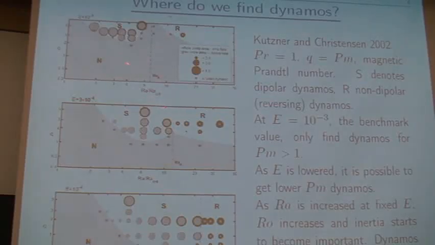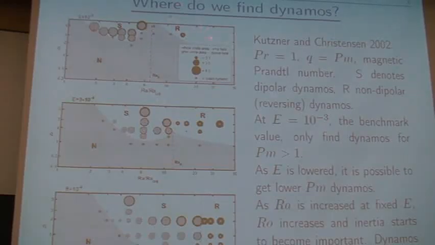At 10 to the minus 3, what do we find? We find fairly moderate values of the Rayleigh number and fairly large values of PM, definitely PM above 1. We find a whole nice bunch of dynamos sitting up there, and they've all got S, and that denotes the fact that they're dipolar dynamos. So we've got a nice little region there of dipolar dynamos, and at a higher Rayleigh number, the Rossby number is not so small, because the flow speeds are getting quite big as the Rayleigh number is stirring up the fluid a lot.